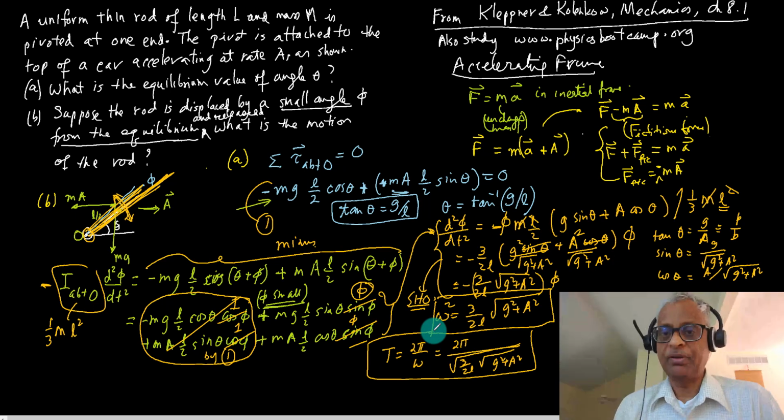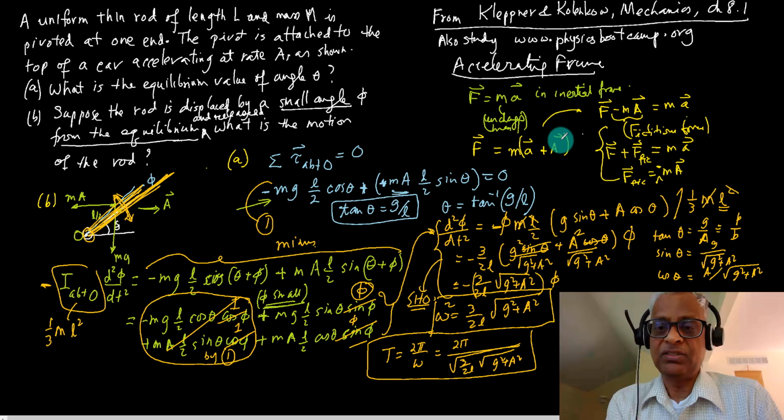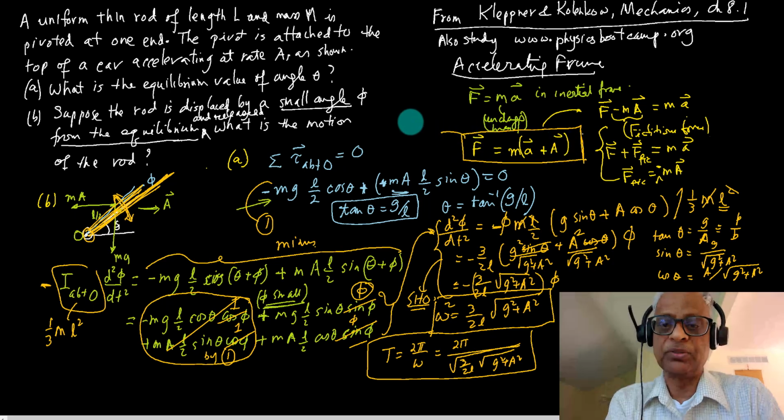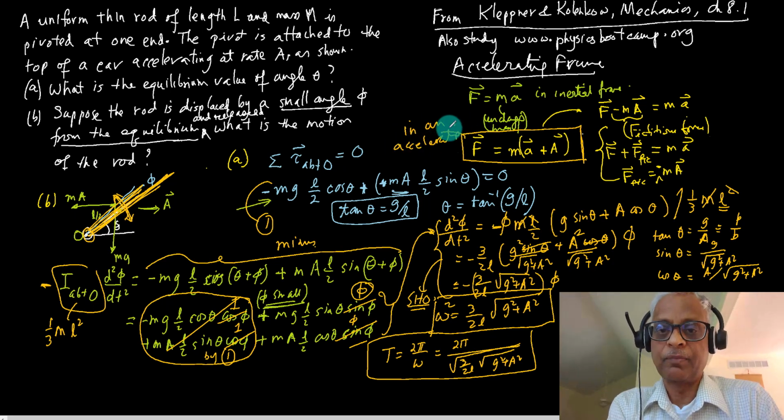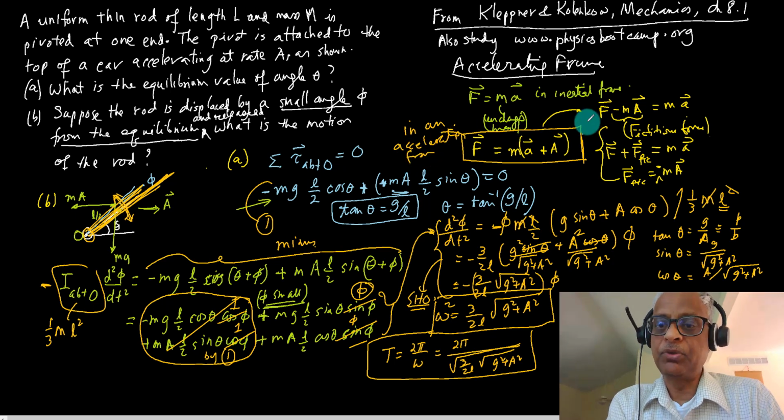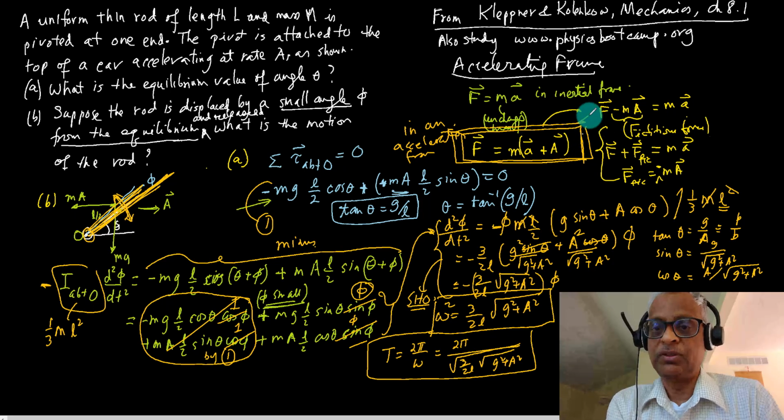Just to recap, this problem actually hinges on your understanding of how to use this when a frame is accelerating. So in an accelerating frame, this is very useful. You can think of this as a fictitious force.